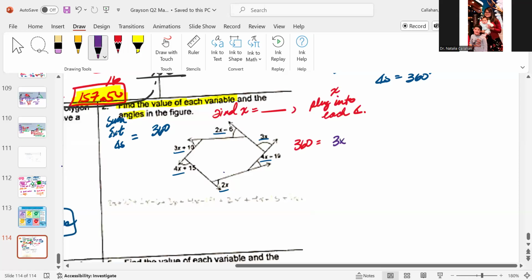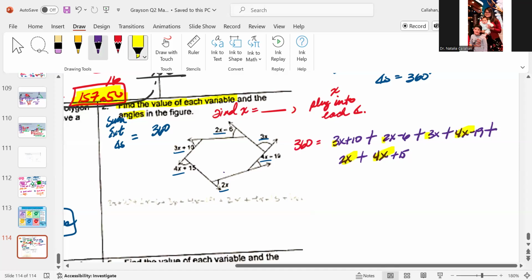We're gonna have 3x plus 10 plus 2x minus 6 plus 3x plus 4x minus 19 plus 2x plus 4x plus 15. And I think that's it, right? Equals 360. You see that? Okay, now combine your like terms. How many x's do we have on the right side?